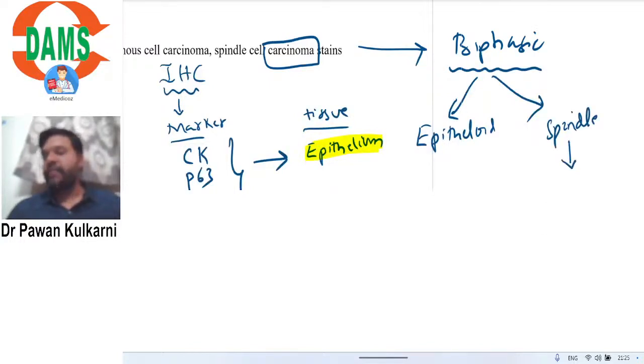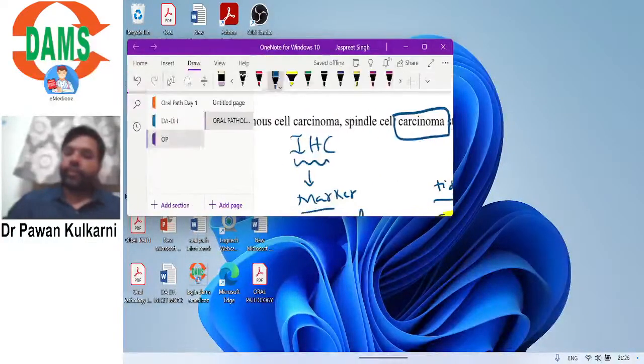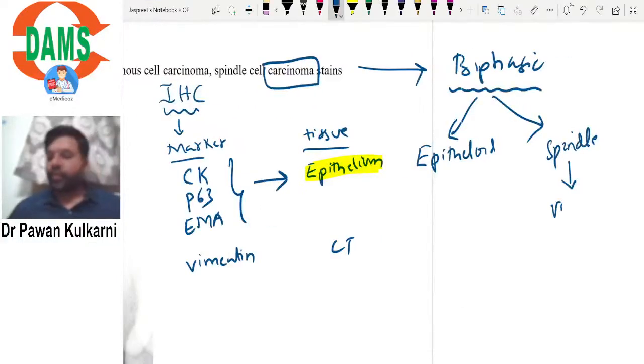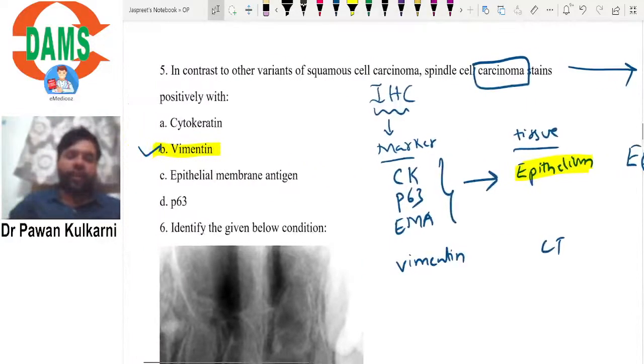And those spindle shaped cells are basically vimentin positive. So this is a biphasic tumor where we have epithelioid cells and spindle shaped cells, and these spindle shaped cells are vimentin positive. Okay, so that's about spindle cell carcinoma.